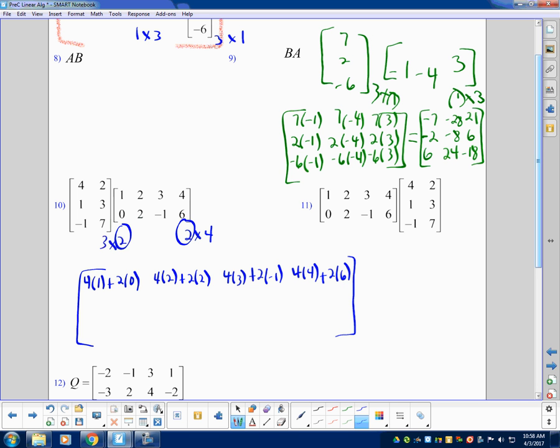So the next row, second row times first column, is 1 times 1 plus 3 times 0. This thing just will not cooperate. And you can look up here at the previous one and match those up as you go.